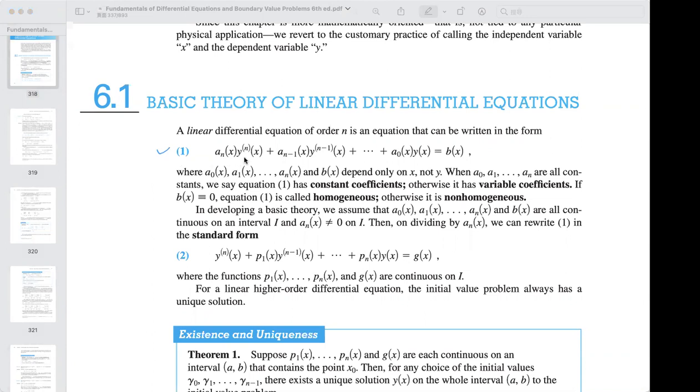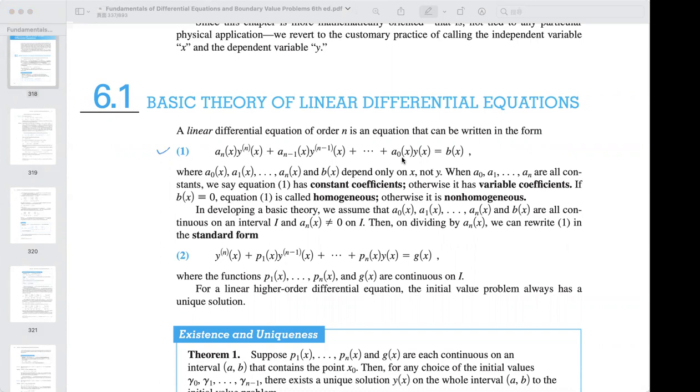As you can see, the highest order of derivative is the nth order here. And the a_n(x), a_{n-1}(x), ..., a_0(x) are coefficients of this ODE. They are only dependent on x.